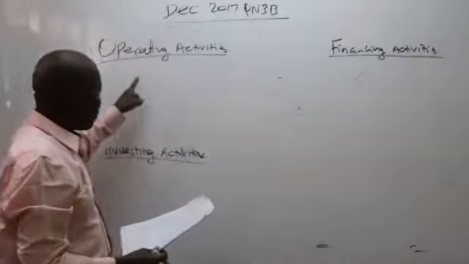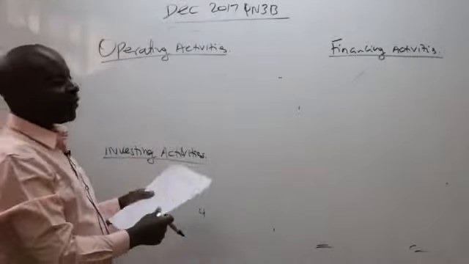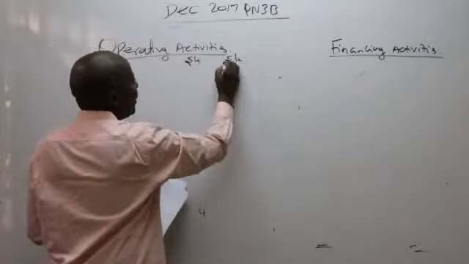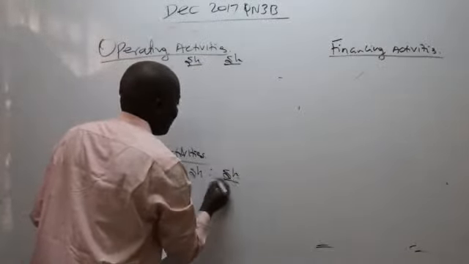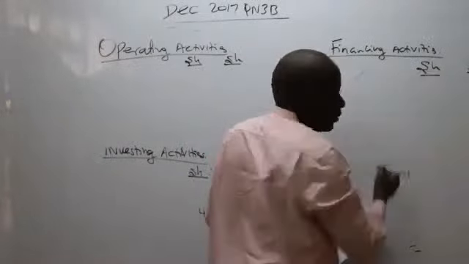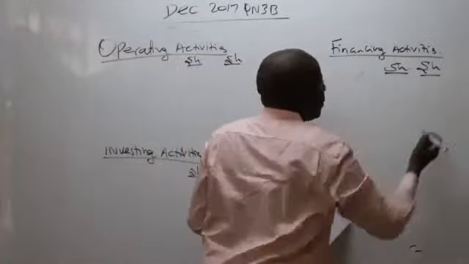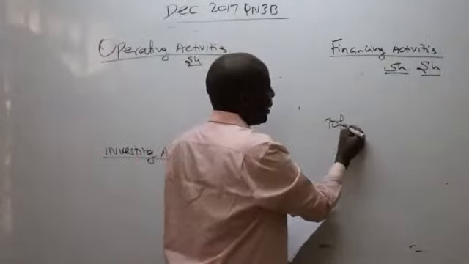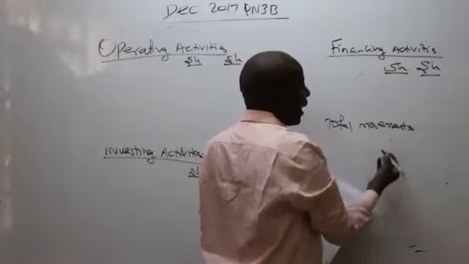You guys are lucky because you'll have one sheet. After financing activities, of course, I know that here I have shillings. I'll have to capture my currencies like that. At the end of the day, I'll capture the total movement in terms of my activities.